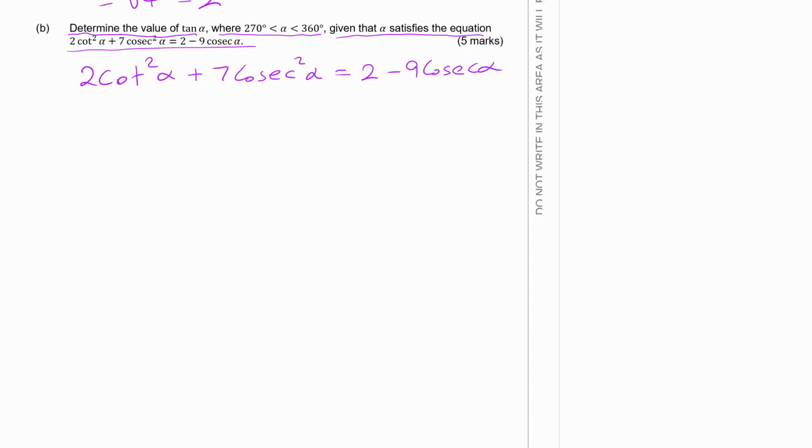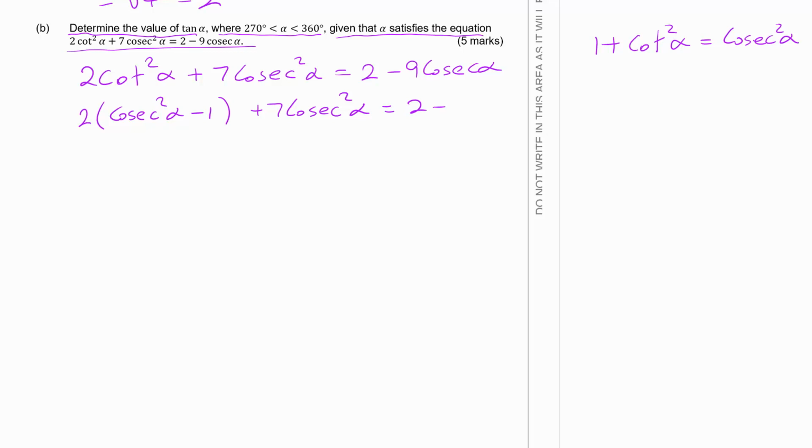Now we have an identity that says that 1 plus cot squared alpha is equal to cosec squared alpha. So I've got 2(cosec squared alpha take 1) plus 7 cosec squared alpha is equal to 2 take away 9 cosec alpha.